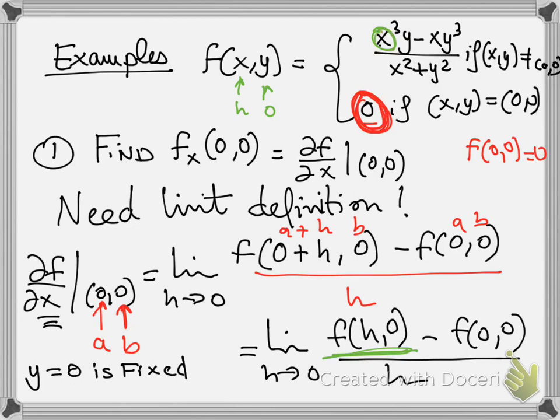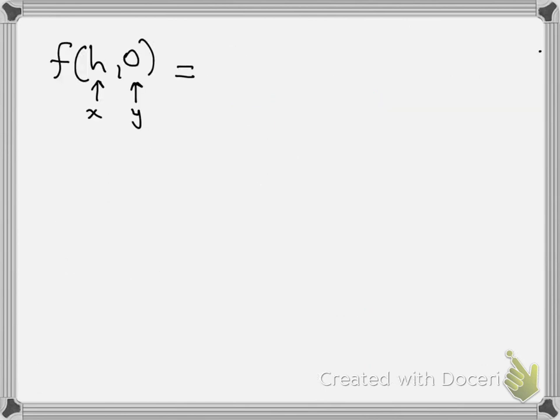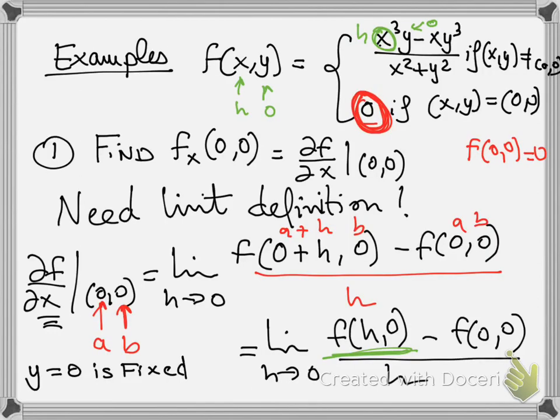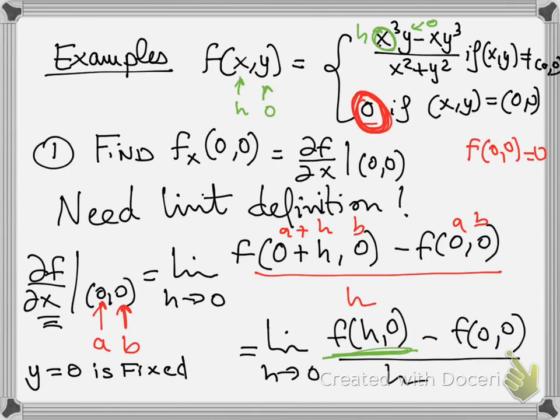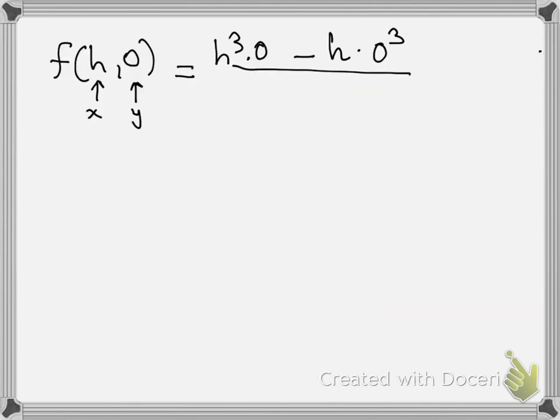That will be h cubed times 0, minus x, which is h, times y cubed. y is 0, so that's 0 cubed, over x squared, which is h squared, plus y squared, which is 0 squared.